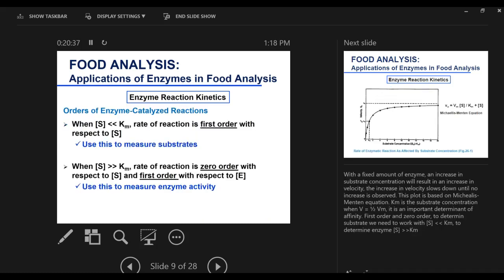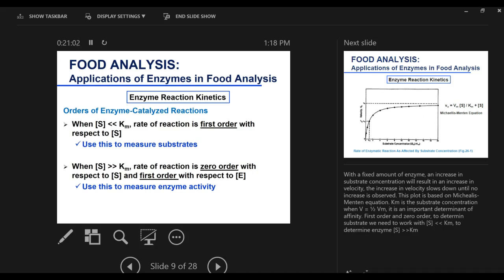Okay. So again, I explained these terms to get you to the analysis piece of things. If I want to measure substrate, so if I want to measure glucose, for instance, or ethanol, sulfite, whatever I'm looking for to analyze using enzyme reaction, I want to measure the substrate.